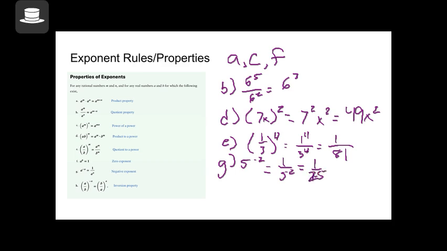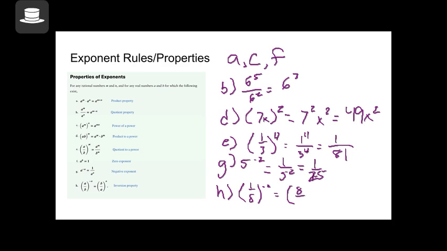And then we have this last one. Anytime that we are negative, we're flipping it. So it works the same as G, but if we had something in the numerator and the denominator, so like we had 1 over 8 to the negative 2, then that's the same thing as saying 8 over 1 to the positive 2.